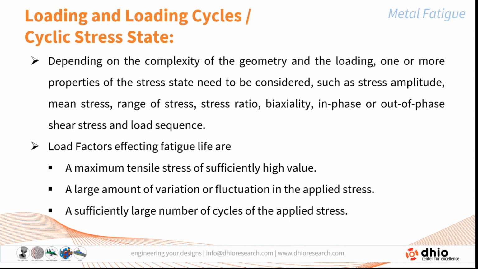Now here we treat the load factors affecting the fatigue life: one is a maximum tensile stress of sufficiently high value, another is a large amount of variation or fluctuation in the applied stresses, and a sufficiently large number of cycles of the applied stresses.